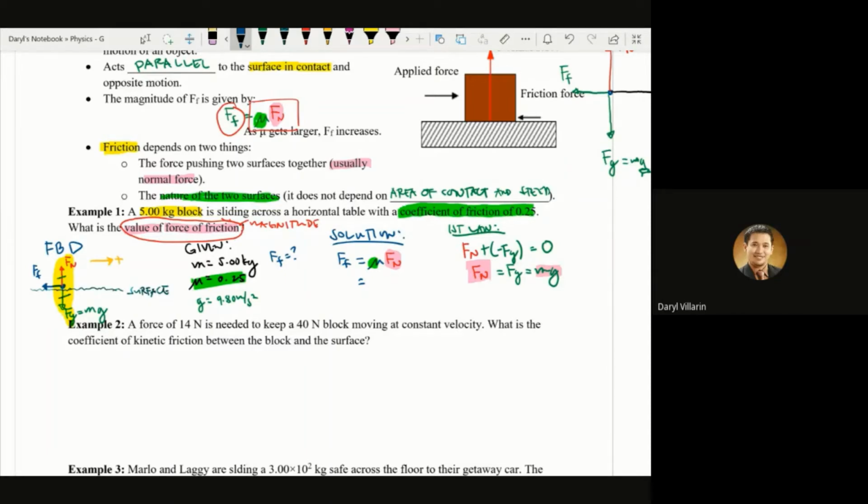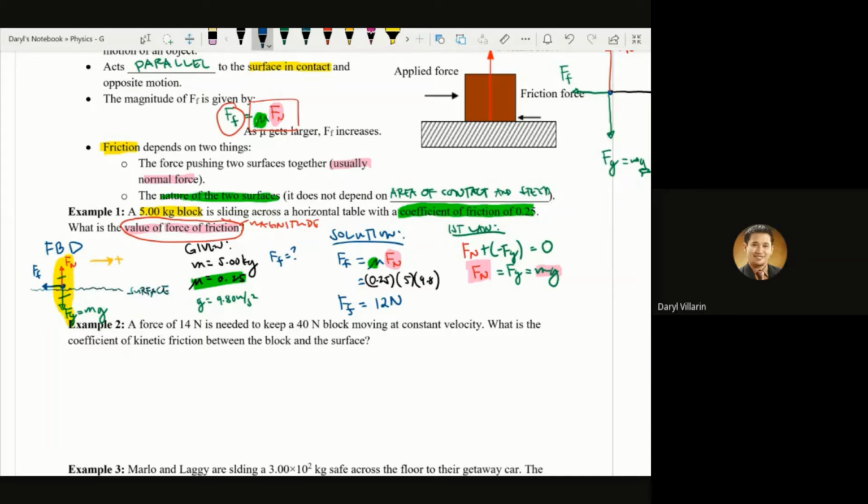So I'm just going to substitute everything. That would be 0.25 times the normal force of mg, but my mass is 5 times 9.8. So the frictional force, the magnitude, would be around 12 newtons.